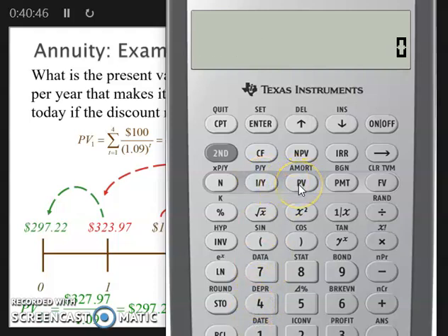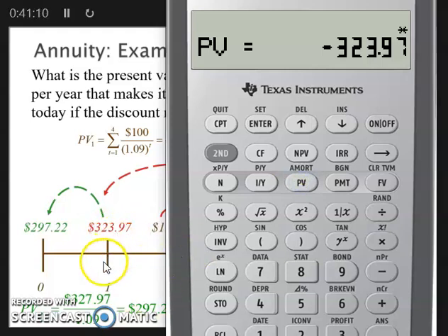There's no money in that account now, so 0 present value. We're calculating the present value, sorry. So $100 payments and 0 future value. We compute PV. So this is our value in year 1.